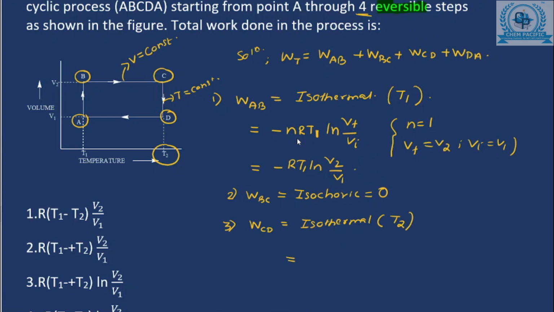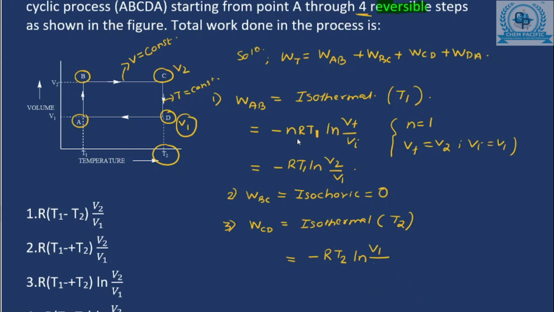Therefore, the formula is going to be minus R, since n is equal to 1, temperature is T2, ln the final volume. Final volume क्या हुआ? ये है आपका D में फाइनल वॉल्यूम, दिस इज V1 है ना. सो फाइनल वॉल्यूम इज V1 एंड द इनिशियल वॉल्यूम जो C में था, C में क्या था?